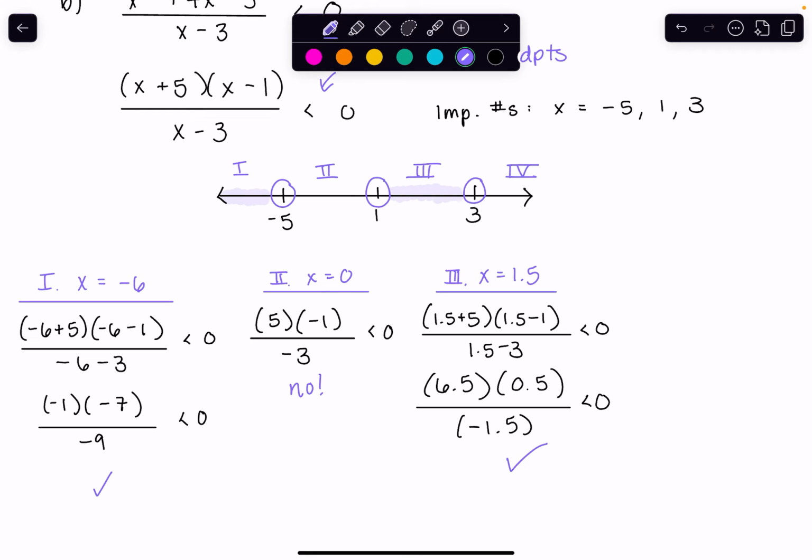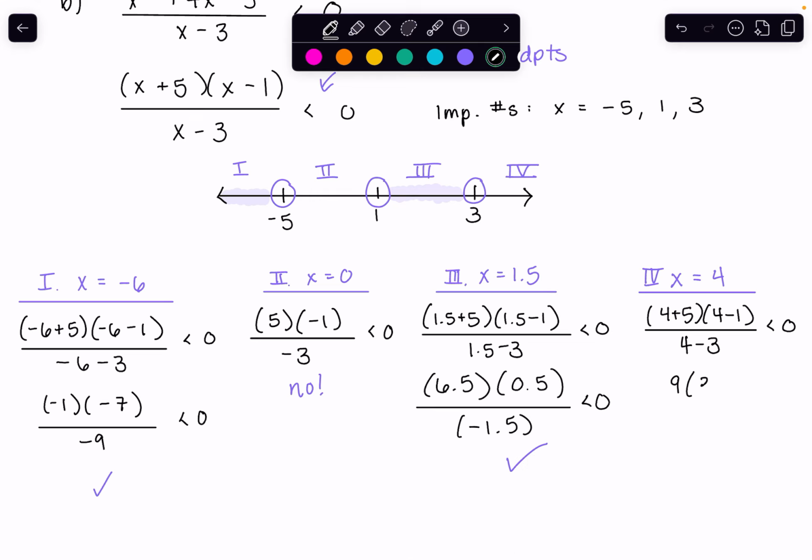And then finally, moving on to the 4th interval, let's pick 4 here. That gives me 4 plus 5, 4 minus 1, and 4 minus 3. We need that to be less than 0.